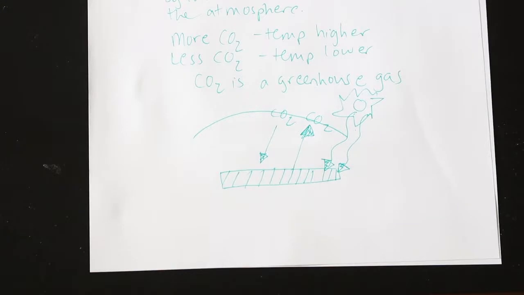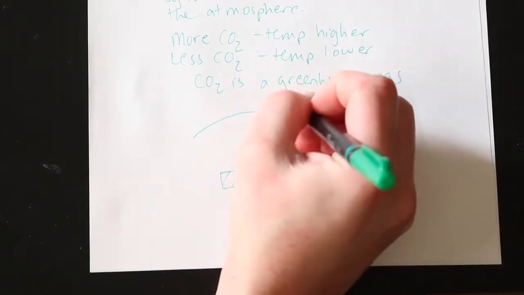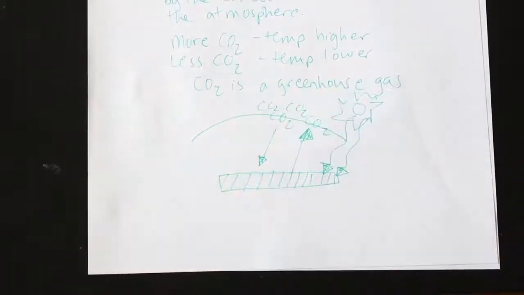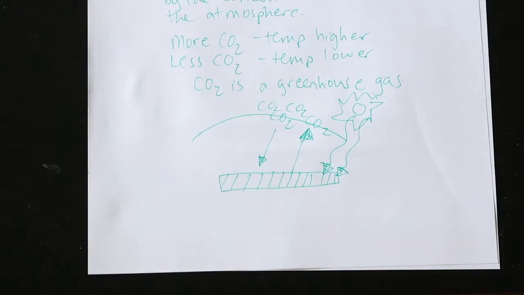So in periods of time where we had loads and loads of carbon dioxide, we had a lot of heat from the sun being trapped in our atmosphere. And in times where we had less carbon dioxide, a lot more of the infrared radiation was able to escape back out into space. So that explains why the concentration of carbon dioxide affects the surface temperature of the Earth.